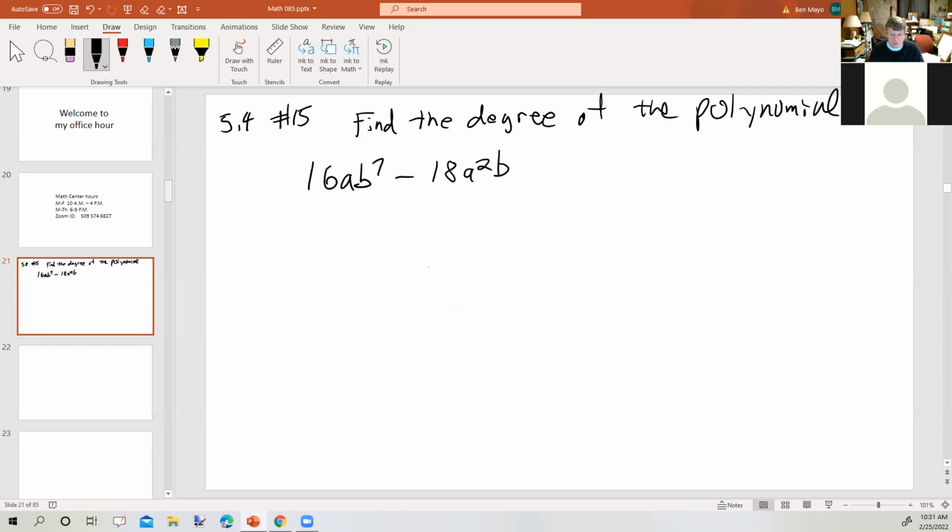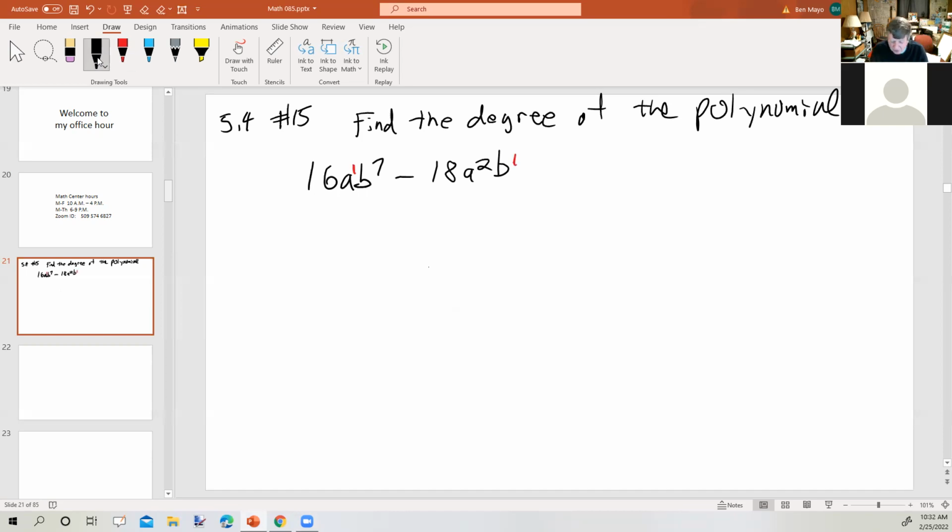Well, to find the degree of the polynomial, we need to first find the degree of each separate term. Then we go back and whichever term has the highest degree is the same as the degree of the polynomial. The thing we have to remember is that when there's no exponent, there's an implied 1.